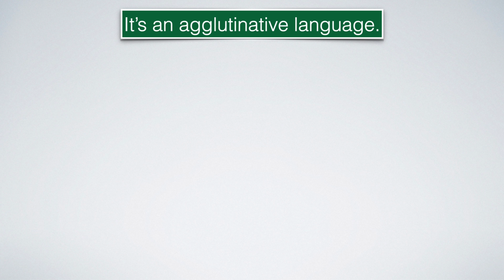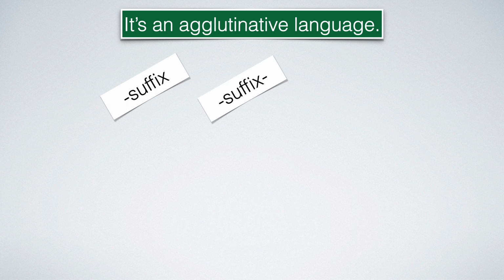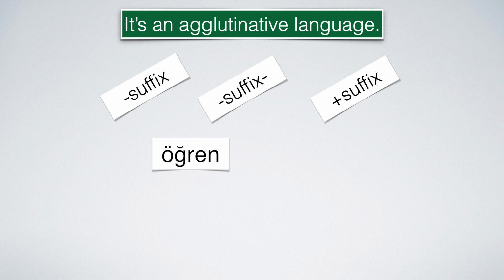Evet, it's an agglutinative language. So that means you get suffix, suffixes, and some more suffixes. Öğrenmek is the verb stem. Öğrendi is the past tense suffix. Im is I. Öğrendim.